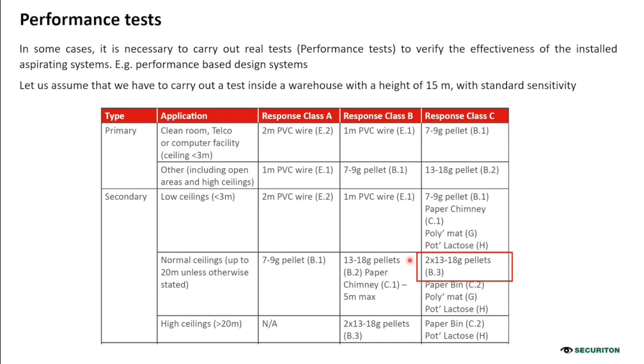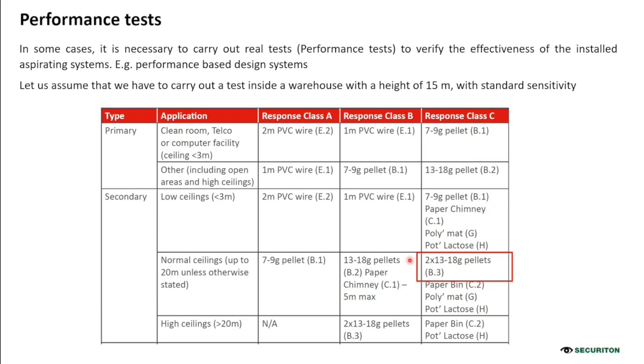For example, whenever a system has been designed as a performance design, so it's a special application. In this case, maybe you need to make the real fire tests, the performance tests, or whenever it is requested by the consultants.